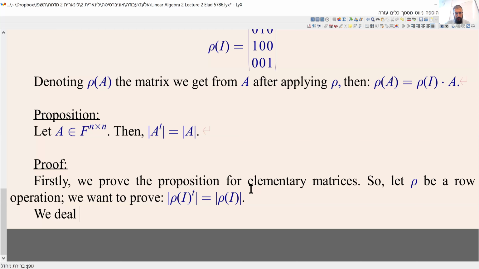We deal with every type of row operation separately. That's how you write it. Separately.